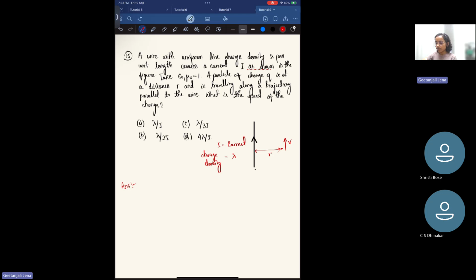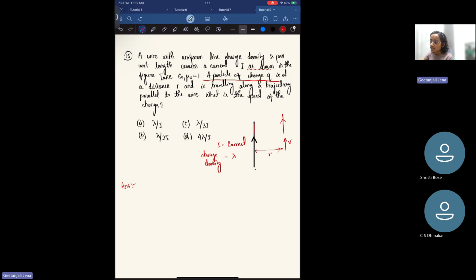So how can we solve it? One clue is given that the particle is moving in this direction. If you know well, what is the force that the particle will experience here?